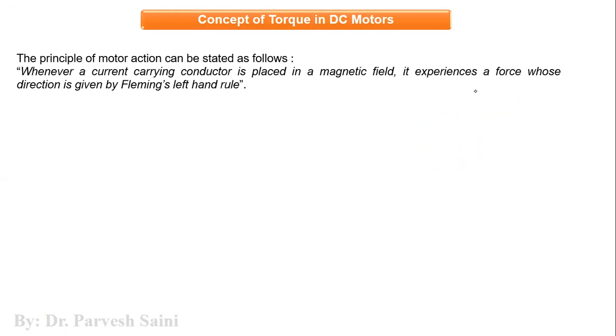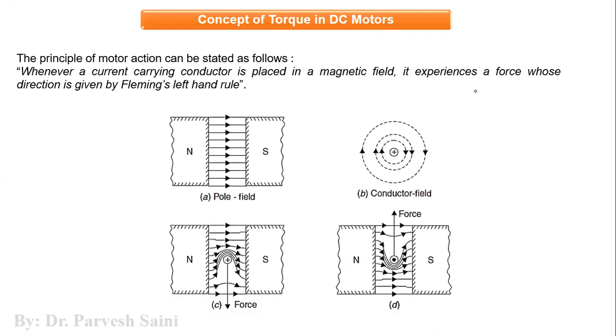Now, as you can see in this figure, before we go to the torque developed in DC motors, let us understand how a current carrying conductor experiences a force, and how the direction of that force is determined.